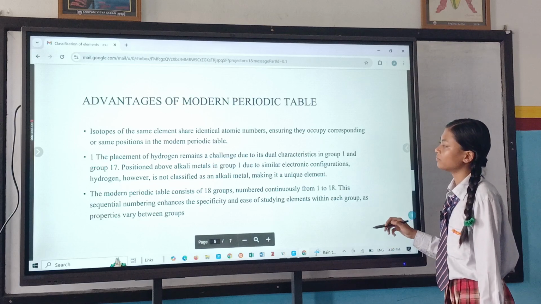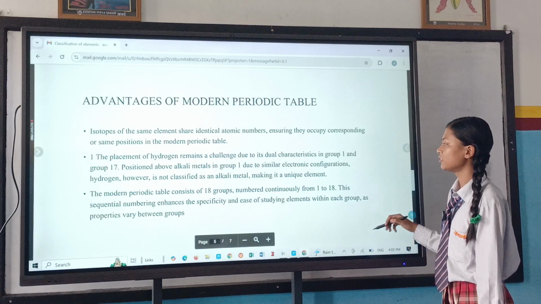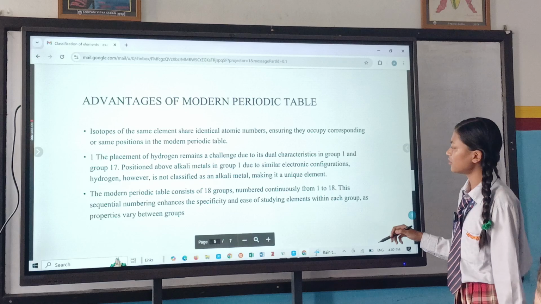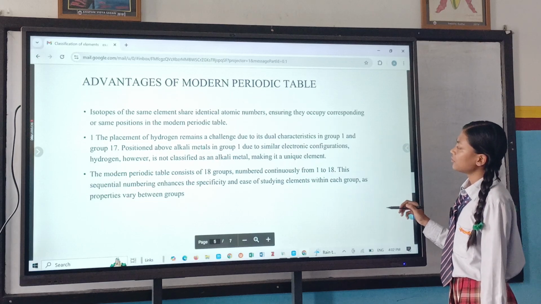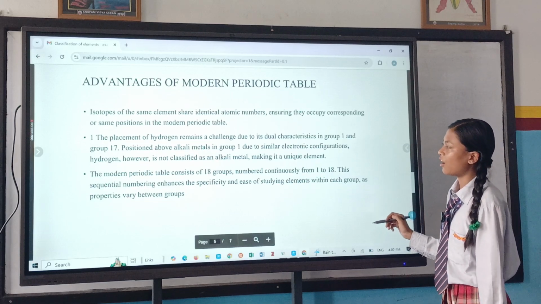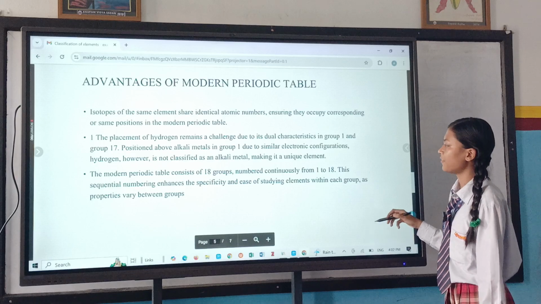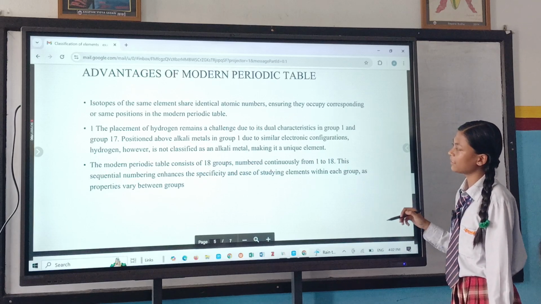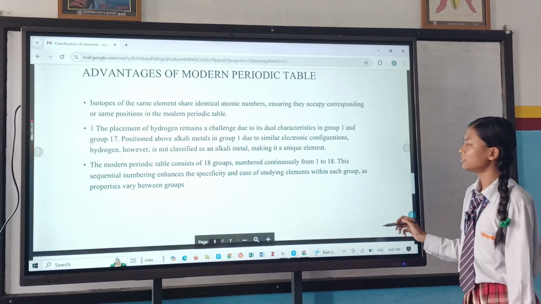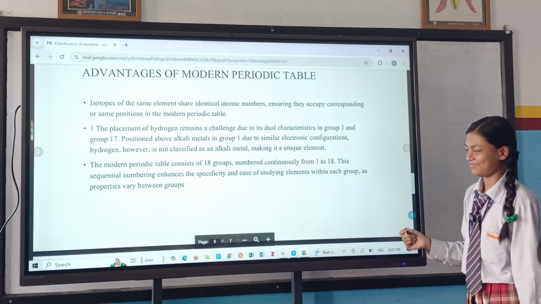Position above alkali metals in group 1 is due to similar electronic configurations. Hydrogen, however, is not classified as an alkali metal, making it a unique element.